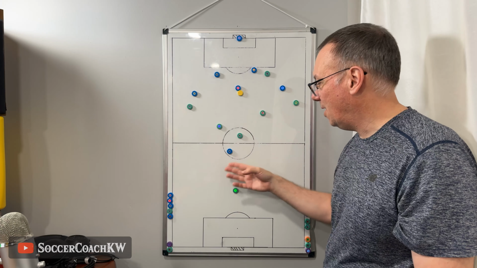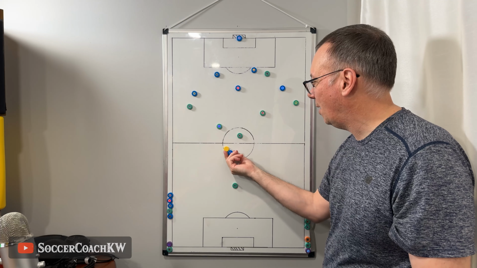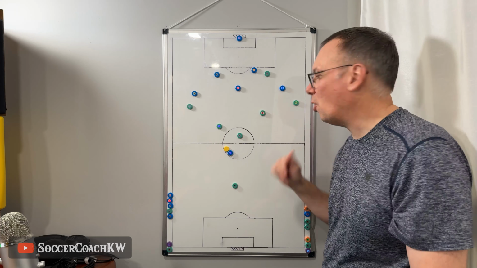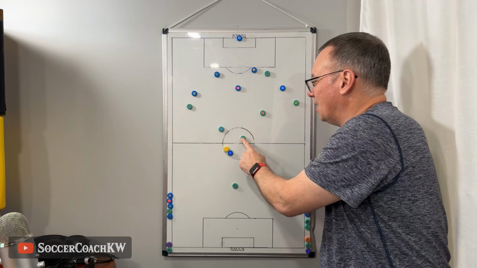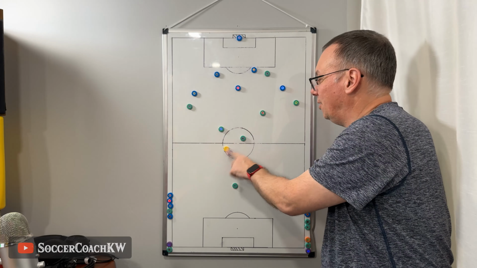It's just the keeper here. So if this ball comes across here and they're already past the halfway line, they're offside. And you keep them offside. You don't care about them because you've pushed your central defenders up to this line.